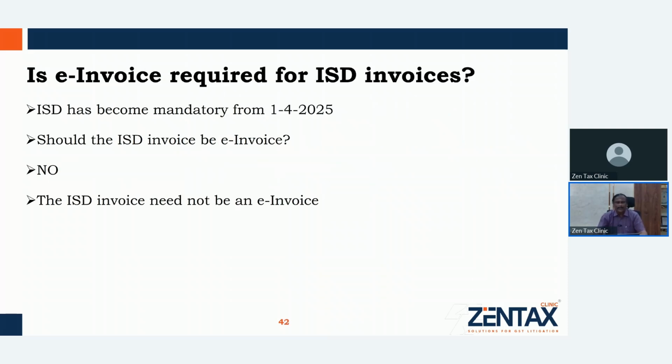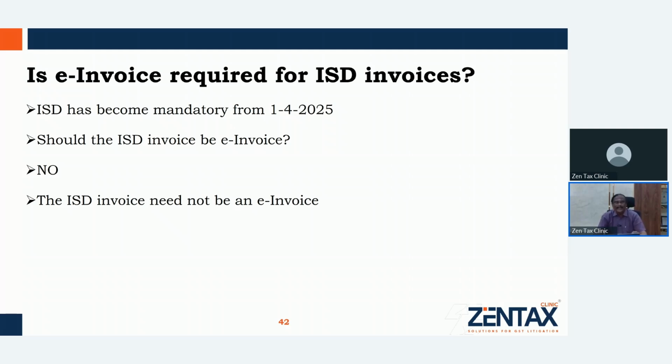Now, the question arises for ISD. ISD has become mandatory from 1/4/2025. The ISD gives invoices to its various branches or the various locations under the PAN. Should this ISD invoice be an e-invoice? No. This ISD invoice need not be an e-invoice. An ordinary invoice will be sufficient. Why is this conclusion taken?